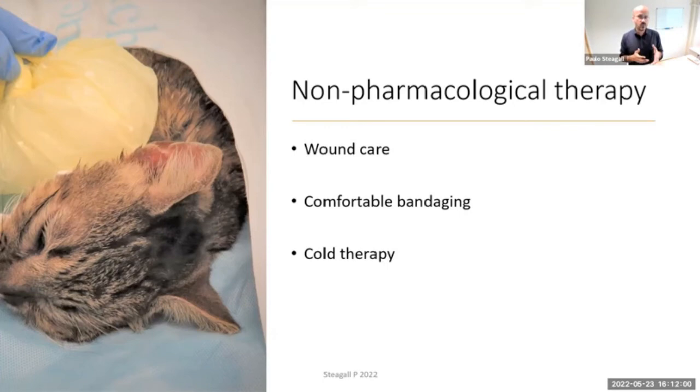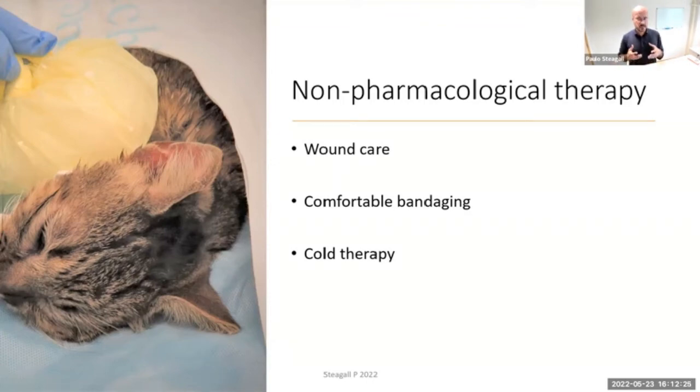And talking about wounds, bandaging comes to mind, as so many cats require a bandage. There are a couple of classic studies showing that cortisol concentrations can be much higher in a cat that was anesthetized and put on a bandage than in a cat that was anesthetized, had surgery, and didn't have a bandage.